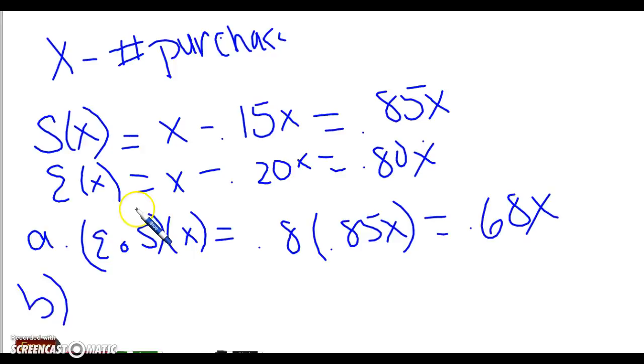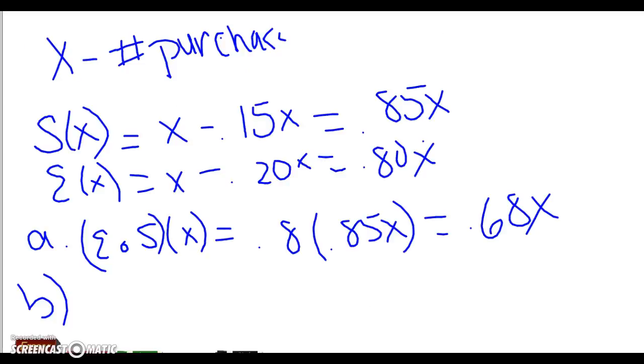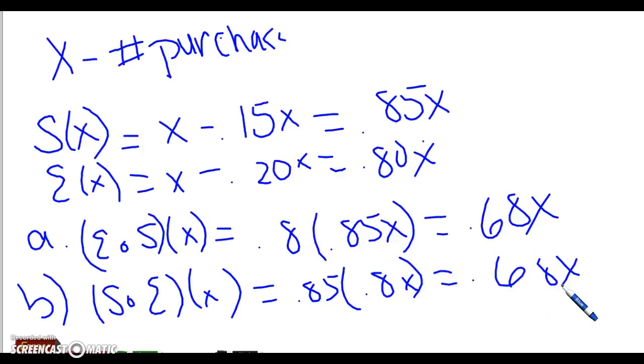So B, same thing, it's just that I am applying 20%, then 15%. So let's do that. That is S composed of E of X, which is 0.85, and then 0.8X goes inside, which is still 0.68X.